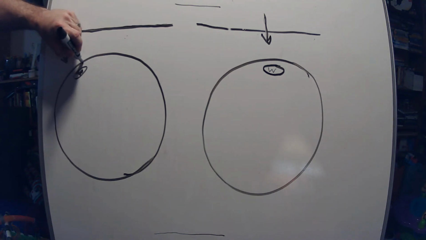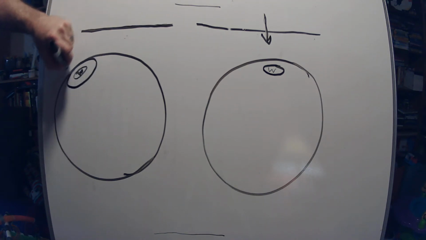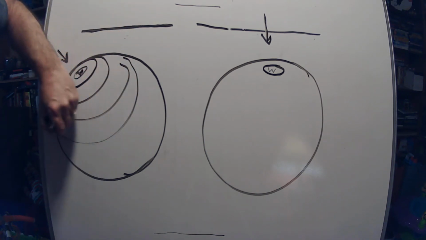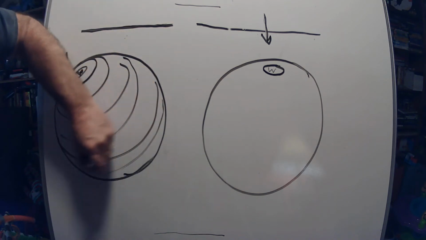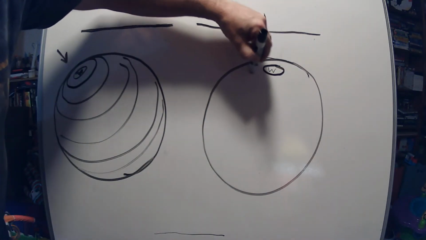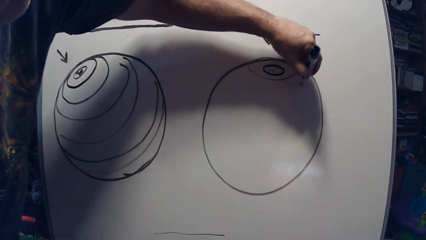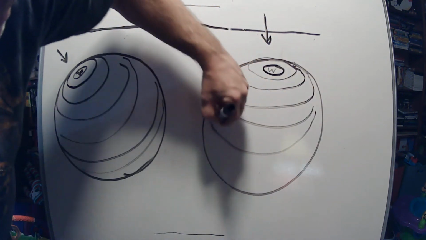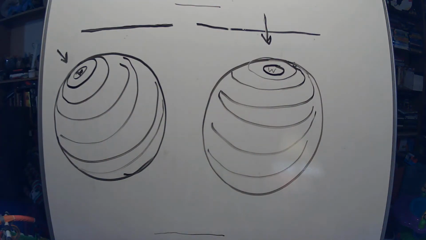And then everything works elliptical, like that. Same thing over here. Everything works elliptical, like that. And I know I don't have all of the stuff in there, but that's the way it goes.